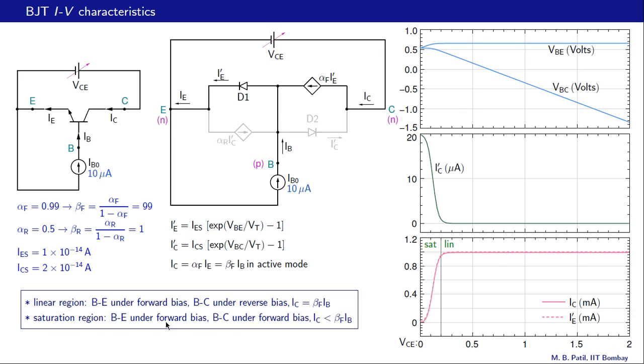We have the saturation region on the left of this line, and in saturation region the base emitter junction is under forward bias and the base collector junction is also under forward bias, and in this region IC is less than beta times IB, as we can see over here.